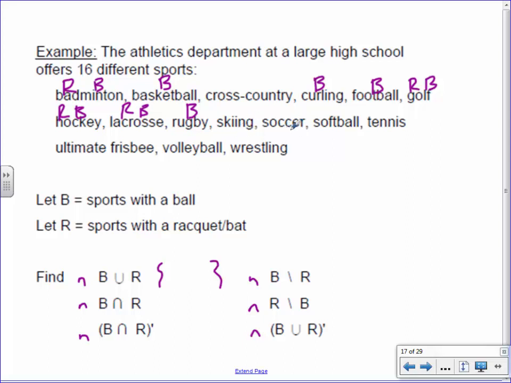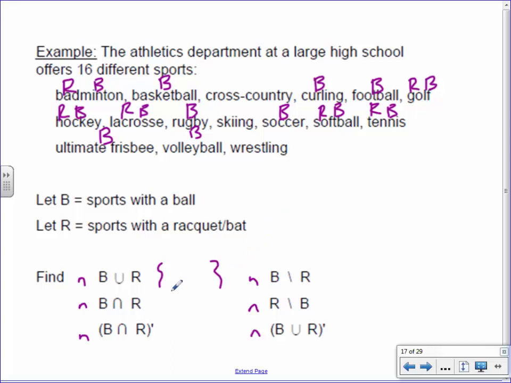Okay, let's leave it blank. Soccer, softball, tennis, both. Frisbee? I guess, yeah. The frisbee could be like just a ball. You don't hit it with anything though. Volleyball, just a ball. Wrestling. Street fighting rules. Okay, we're cool on this one.